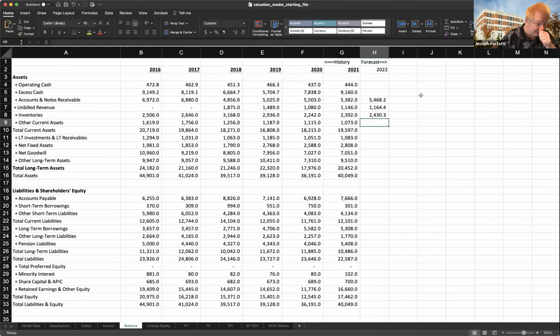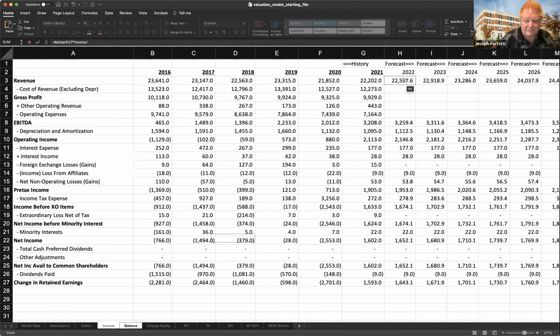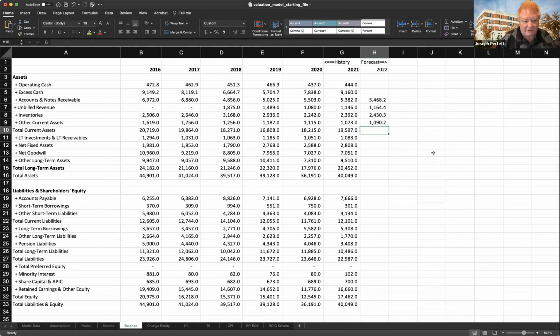Same process for other current assets: equals, from the ratios tab, other current assets as a percentage of sales, H17, times income H3, 2022 revenue, gets me 1,090.2 of other current assets.